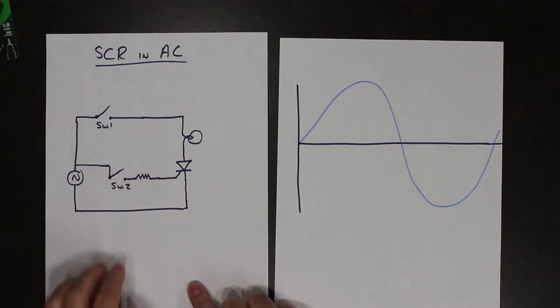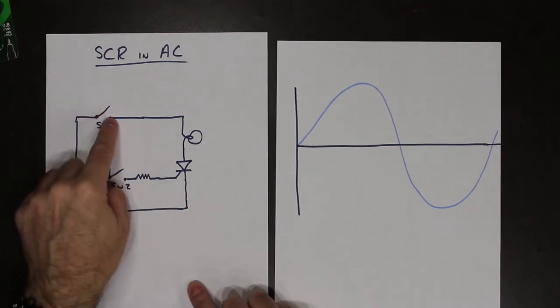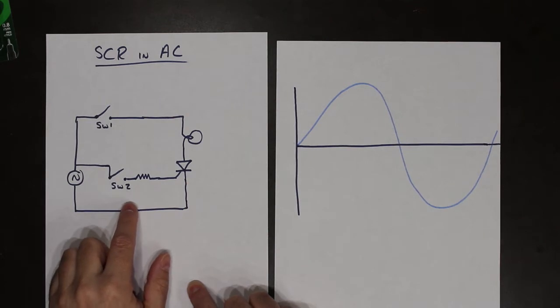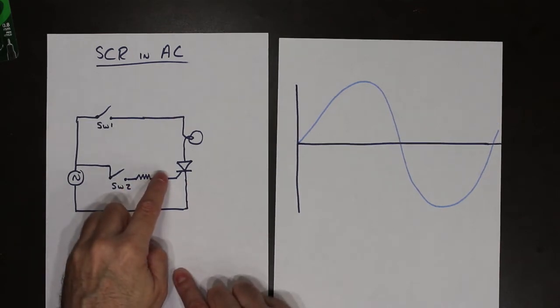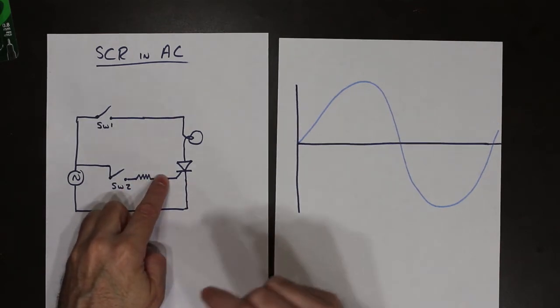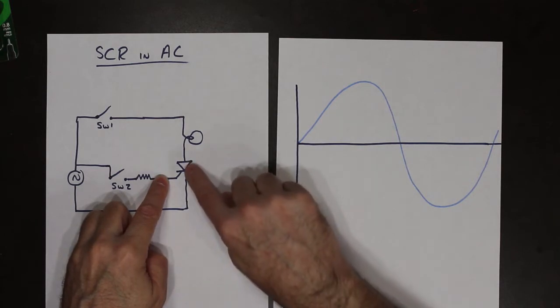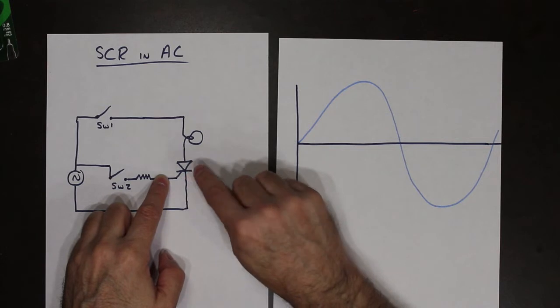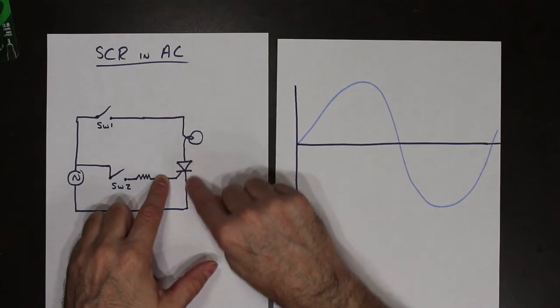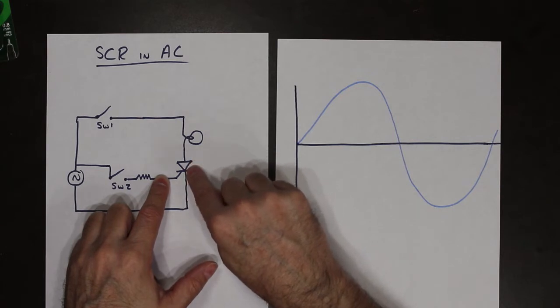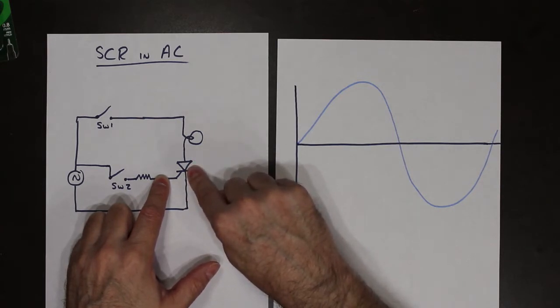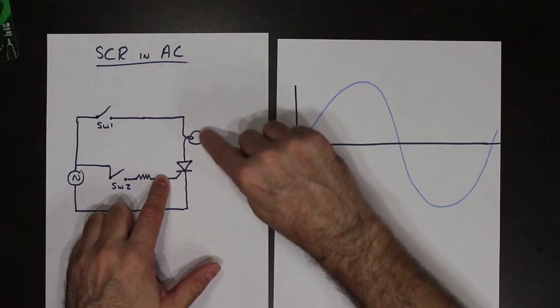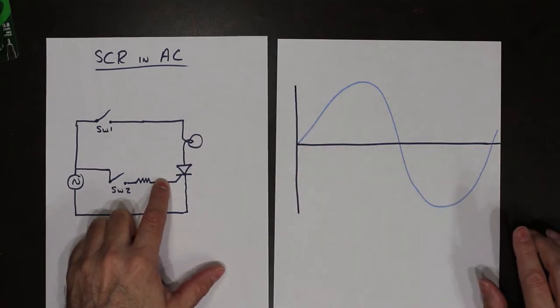The idea is if I was to close both of these switches, whenever we had enough voltage at the gate to turn the device on, it will conduct and the light bulb will light. It will remain conducting as long as I have current flowing through the device. If somehow the current falls below the holding value, then the device turns off and the light bulb turns off.